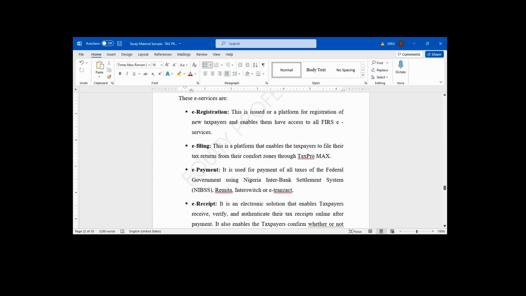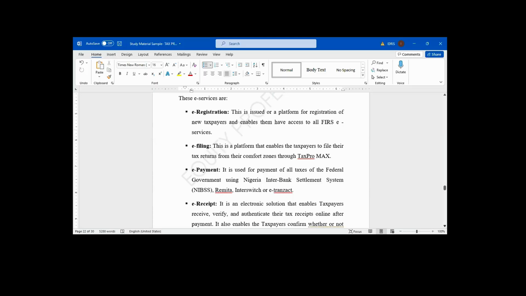Even as I'm talking to you now, I can help one of my clients to file his value-added tax return online at my own convenience. I don't need to go to the tax office again, since I know the Tax Promax login details.